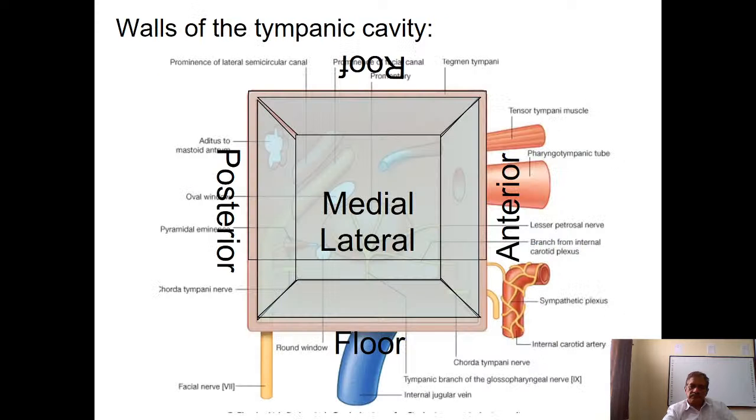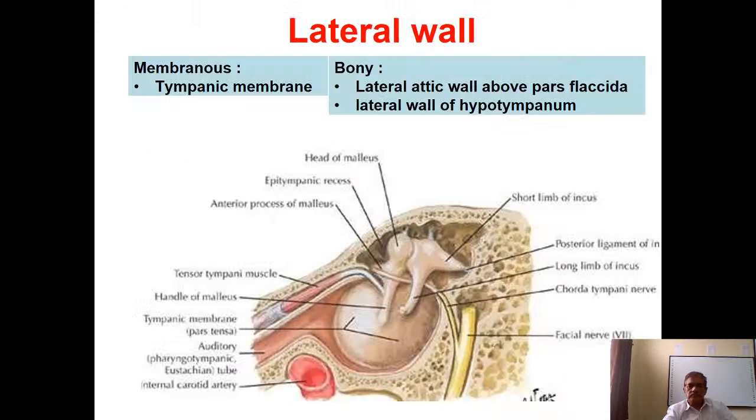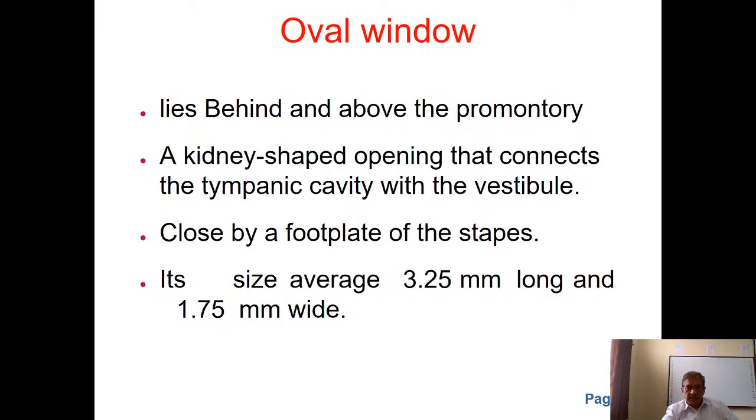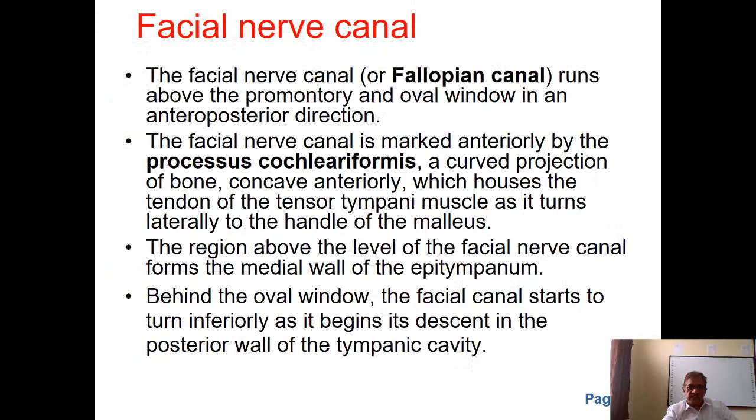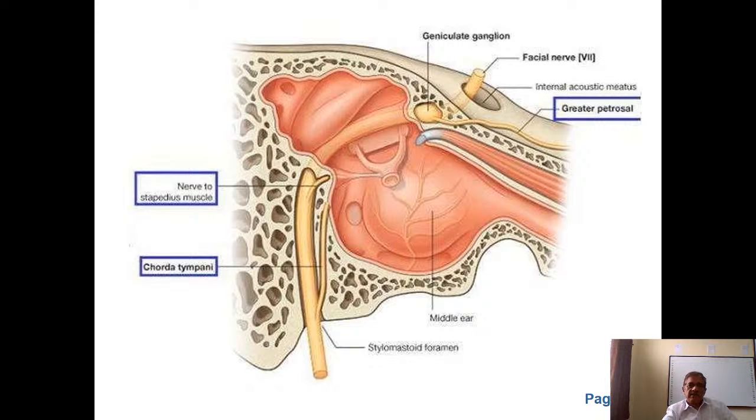Then you have the nerves. That is the facial nerve, which is running in the medial wall of the middle ear cavity, then the vertical part in the mastoid cavity. Then you have the nerve branch of the facial nerve, which supplies the stapedius muscle.